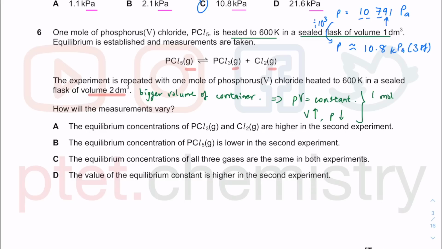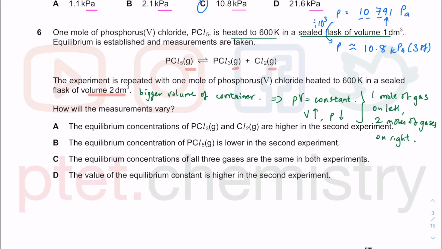On the left, I have 1 mole of gas. On the right I have 2 moles of gases, so 1 mole of PCl3 there, and 1 mole of Cl2, so 2 moles of gases on the right. So the greater the moles of gases, the greater the number of molecules, and therefore they can collide more with the walls of the container, and therefore they will exert greater pressure.